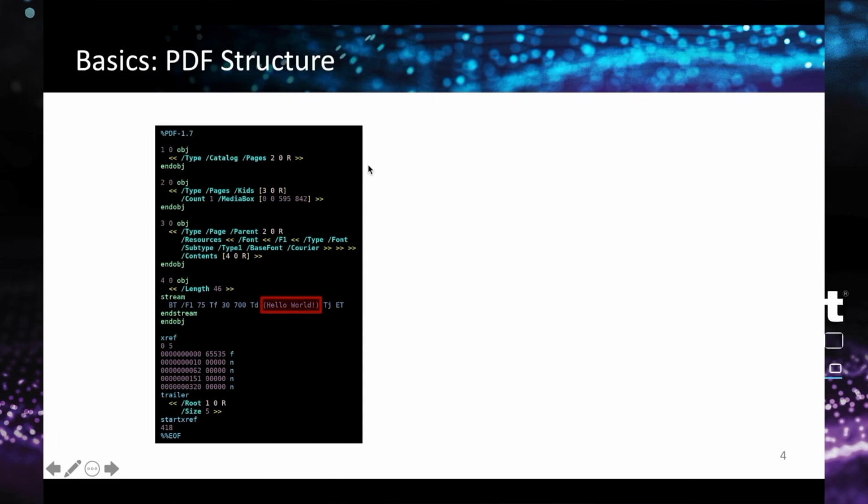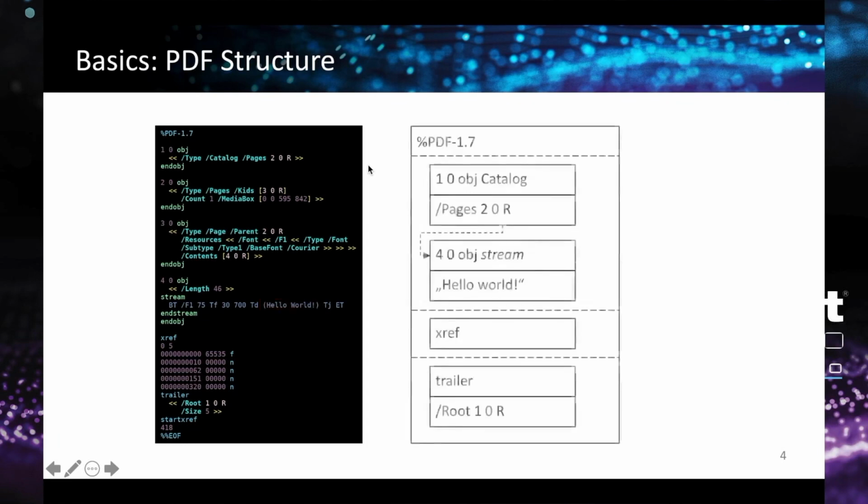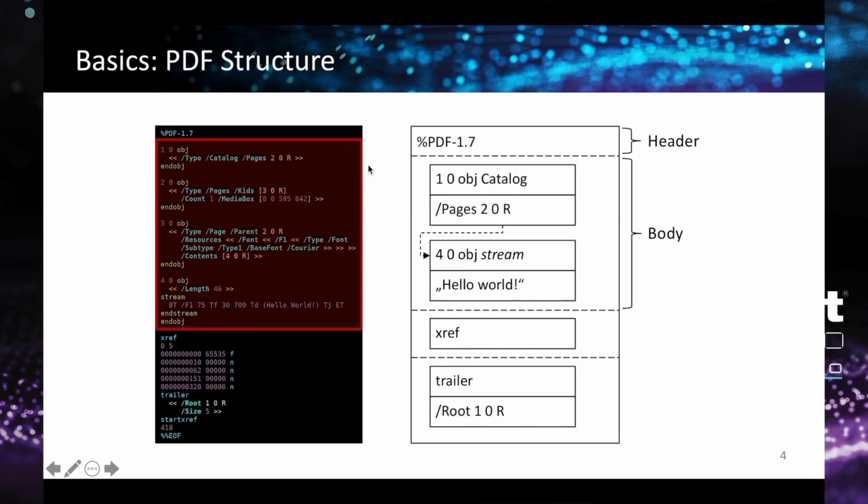On an abstract level, each PDF document consists of 4 parts. First of all, it's a header, which is only one line containing the PDF version of the document, like 1.7. Then a body, which contains a definition of pages of the document and their actual content.